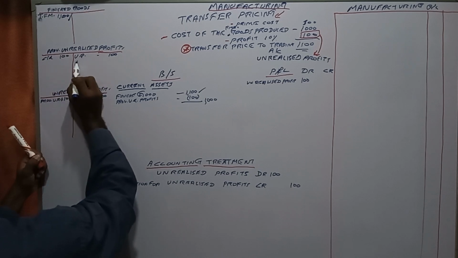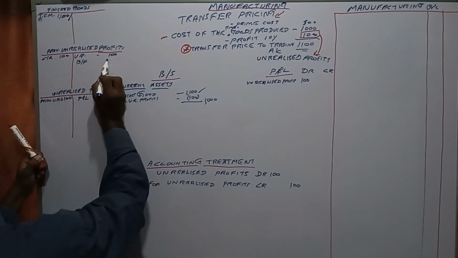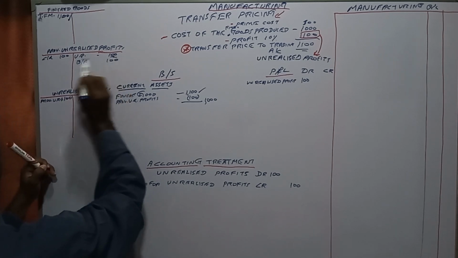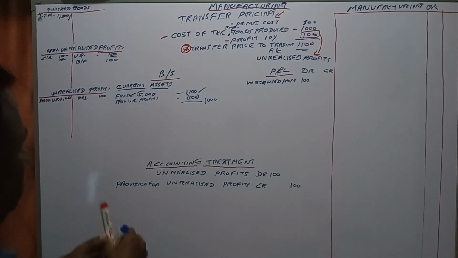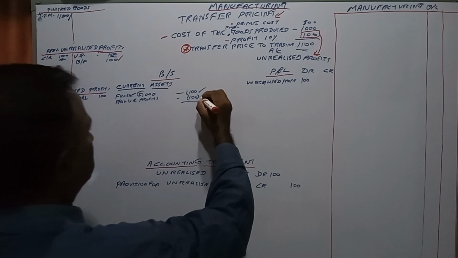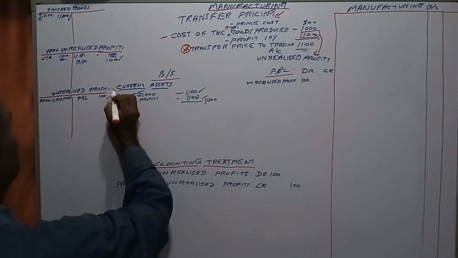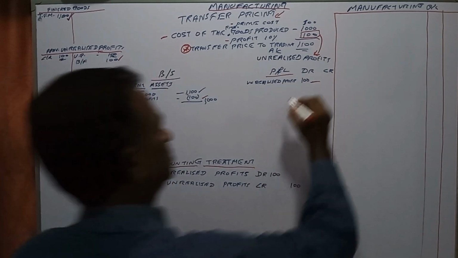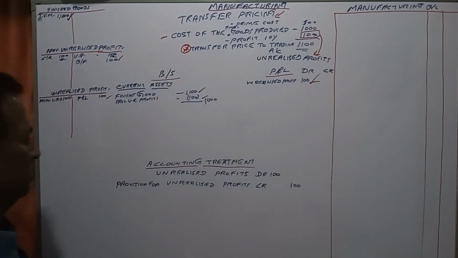This will be the brought forward balance 100. This is transferred to here. This is transferred to the charge to P&L. This is the accounting treatment.